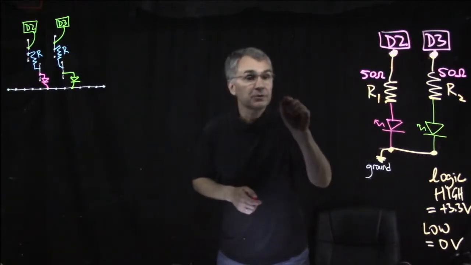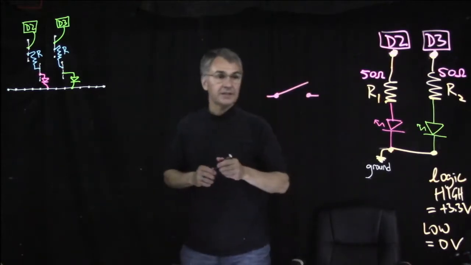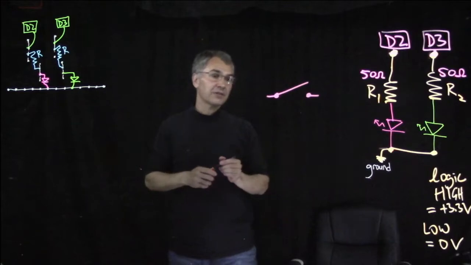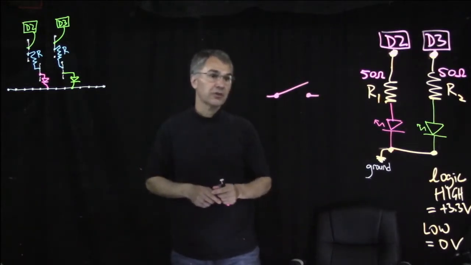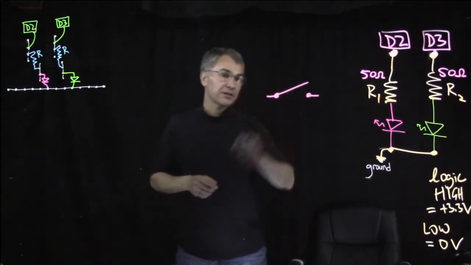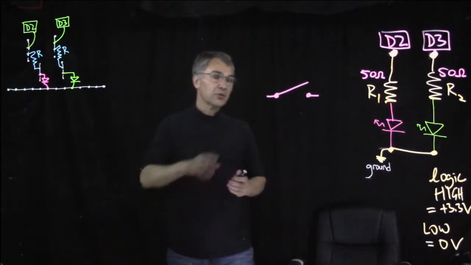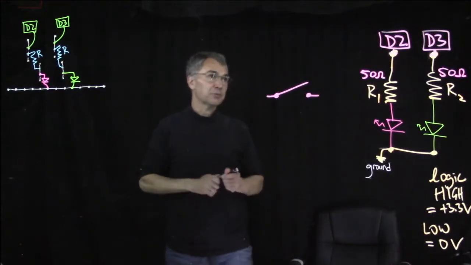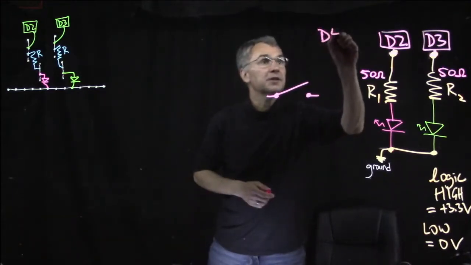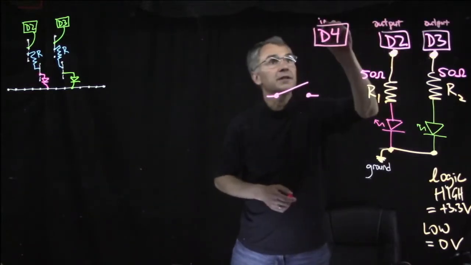The schematic symbol for a switch looks like this. So the idea is if the switch is open, as it's drawn right now, then no current flows between these 2 points. And if the switch is closed, then there's a 0 resistance between these 2 points. Now somehow we want to use this switch so that when we push the button, the voltage seen by some input pin changes. Let's say we have input pin D4, which we're going to use; these are outputs, and this will be an input.